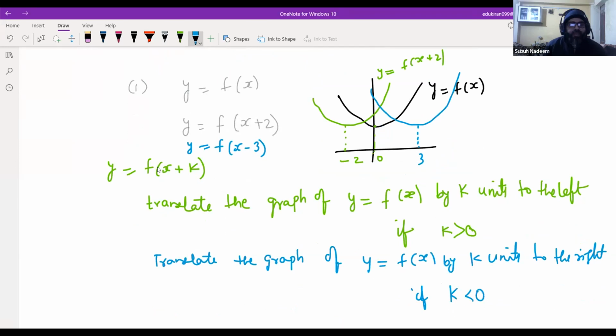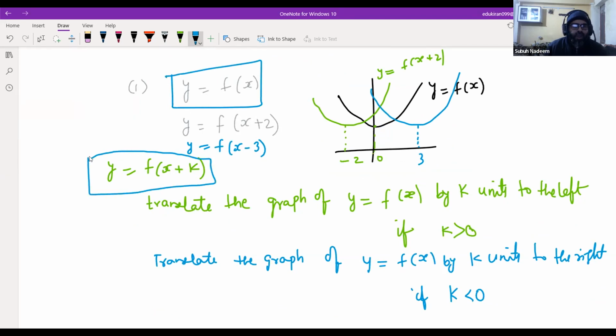In other words, we are subtracting something from x. So if you are changing y equals f of x to y equals f of x plus k, how will the graph transform? This is called transformation of graph. You don't have to make another graph. You will just translate that graph by k units. If k is positive, to the left; if k is negative, to the right. So you can write this first.